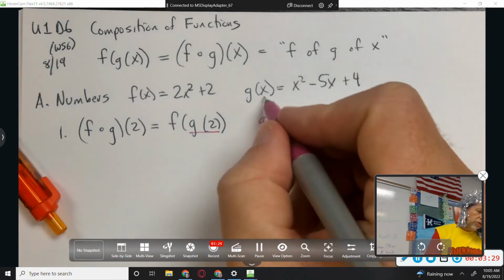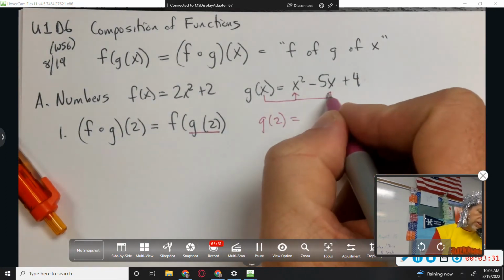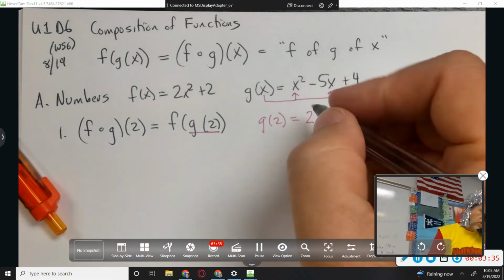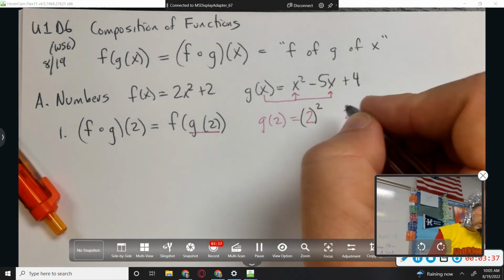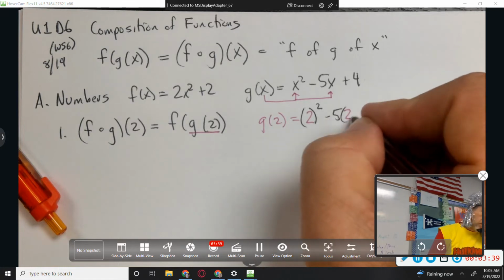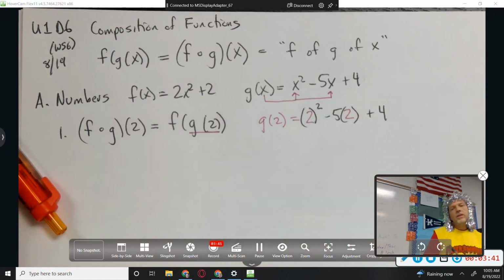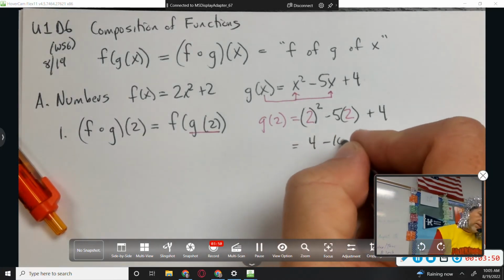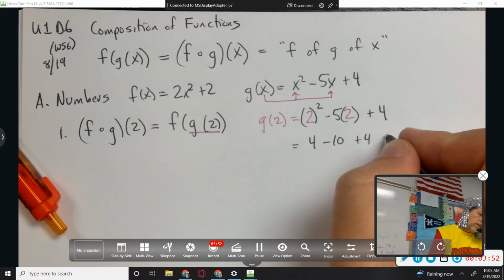So we grab the g function, and our input is 2. And the g function says square the input, and then do minus 5 times the input, and then add 4. So let's see, that would be 4 minus 10 plus 4.